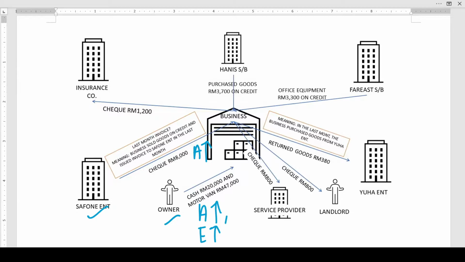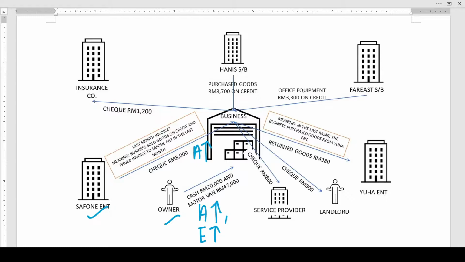Safwan received goods from the business and also the invoice as a supporting document. Then in the following month, Safwan settles part or all of his account.